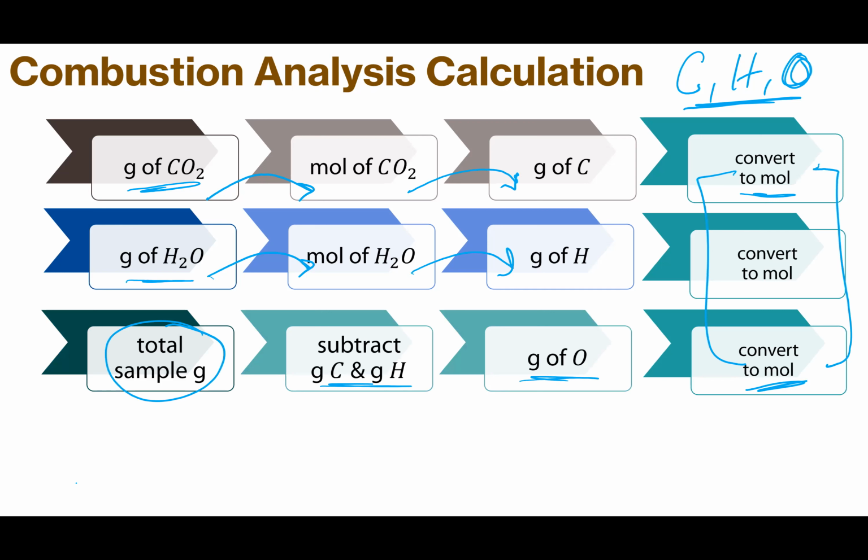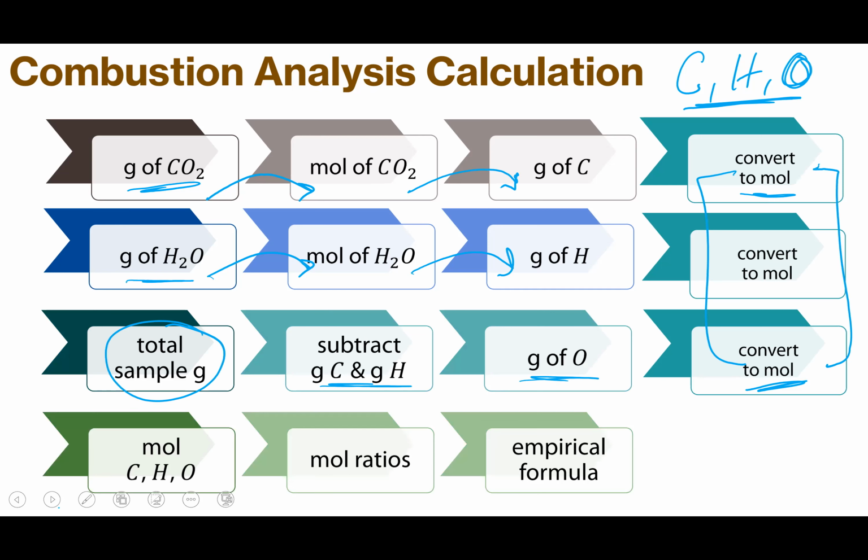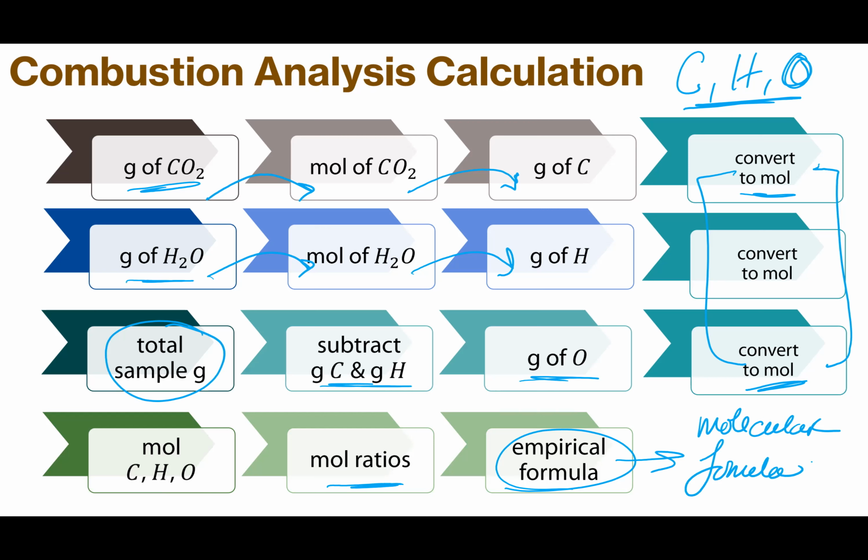Once we have all of our moles, then we're just going to get mole ratios and turn them into an empirical formula, which we can then turn into a molecular formula if we need to. I can't spell it, but we can say it, molecular formula. All right. So essentially, that's the process.